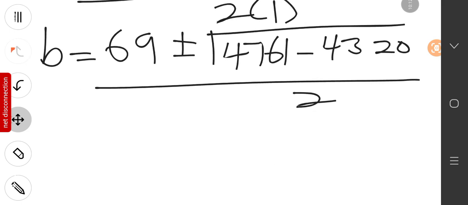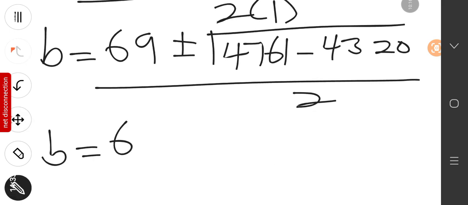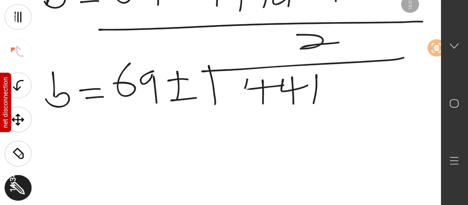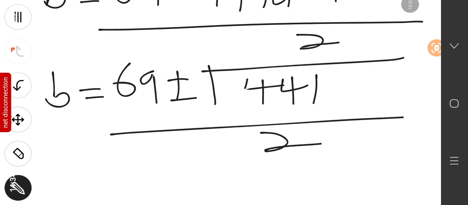So we are going to have b equals 69 plus or minus the square root of 4,761 minus 4,320, which will give us 441, all over 2.